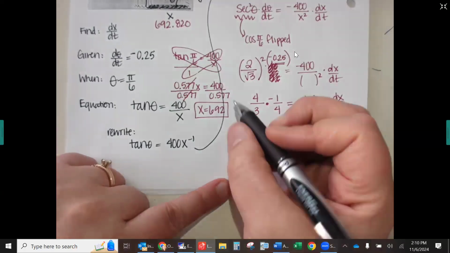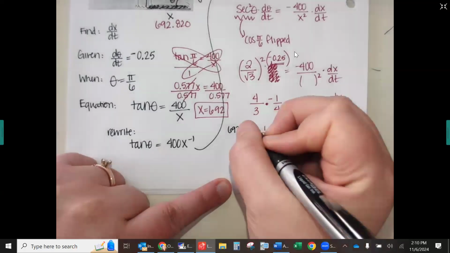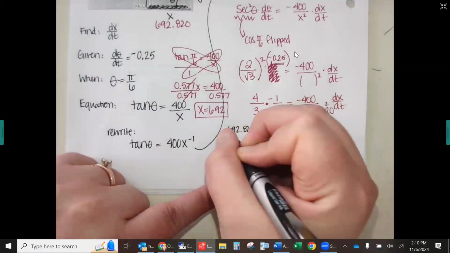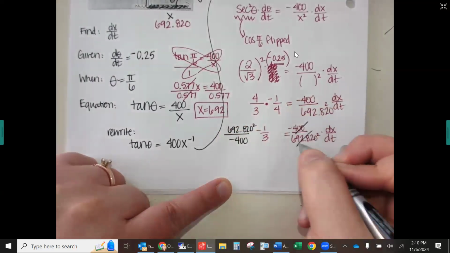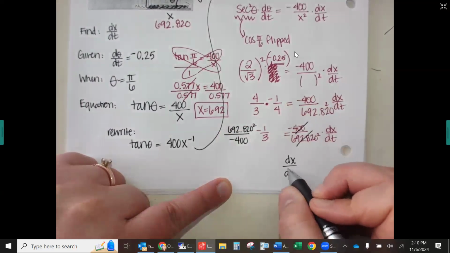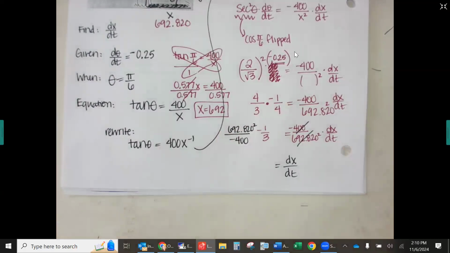And you can just do that part in the back. So 692.820 squared over negative 400. And then from there, I know my negatives are going to cross out, so my answer should come out positive.